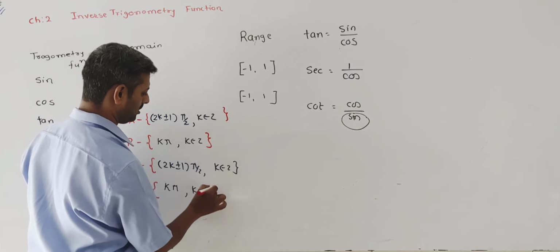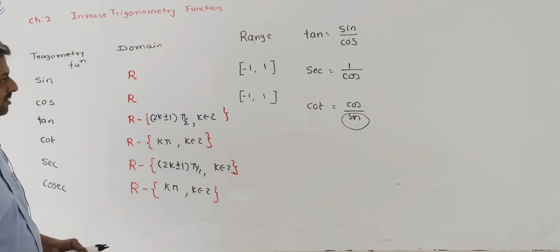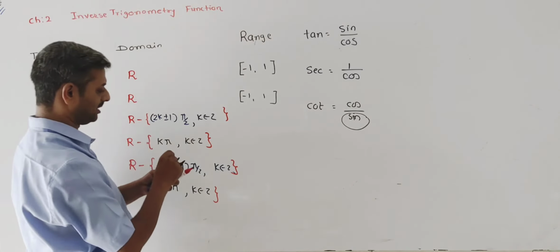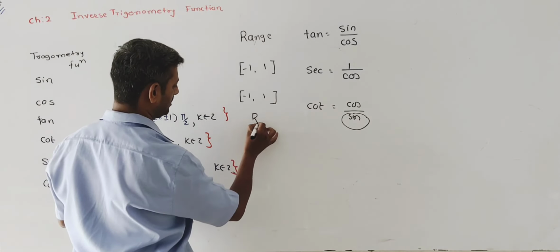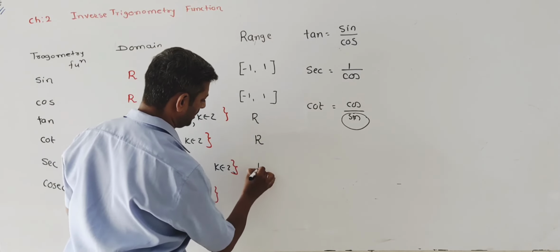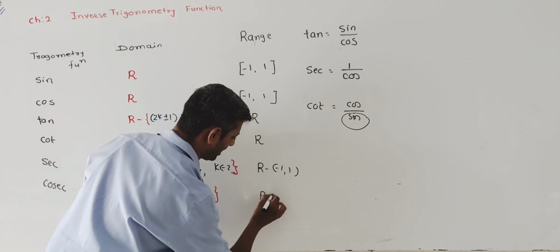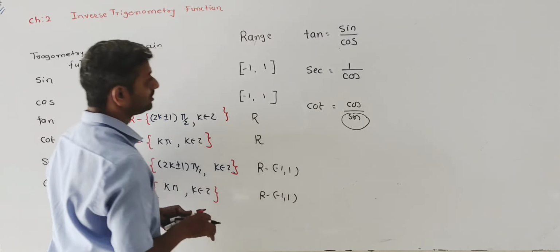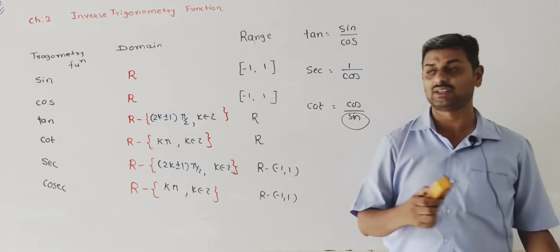This is your domain of all trigonometry functions. Now the range is remaining. Tan range is R, cot range is also R, sec and cosec range is R minus (-1 to 1). This much you have already studied in 11th standard.